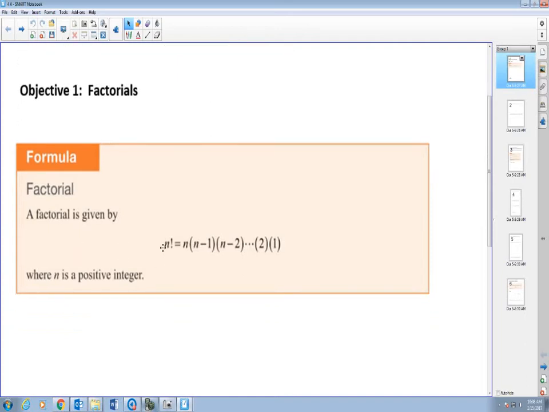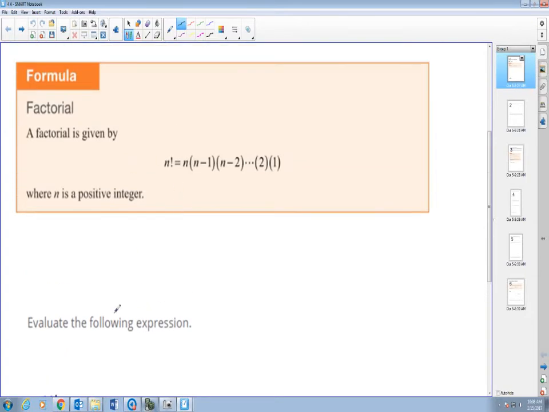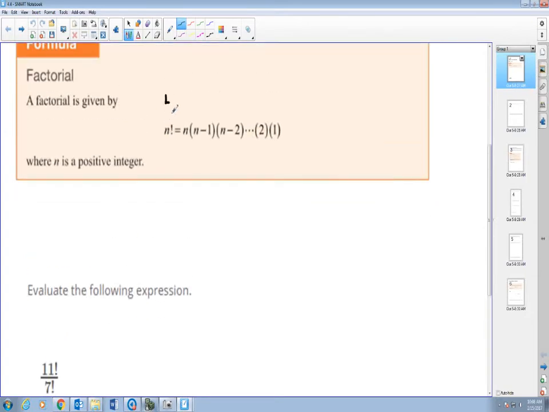Factorial is given by the following formula, called n factorial, which represents whatever the n is times n minus 1 times n minus 2 times n minus 3, all the way down to times 2 times 1. For example, if I have 5 factorial, by the formula, take your 5 times 5 minus 1, which is 4, 5 minus 2 is 3, times 2 times 1.